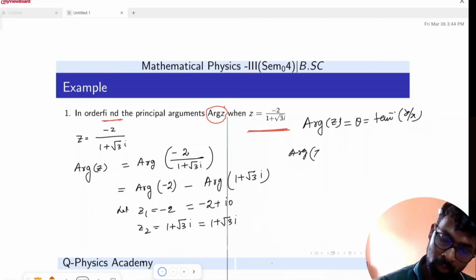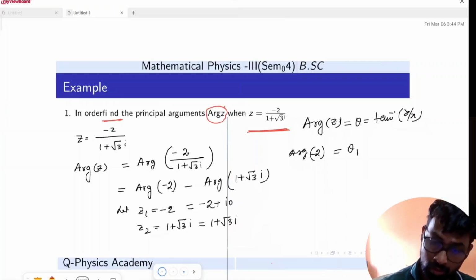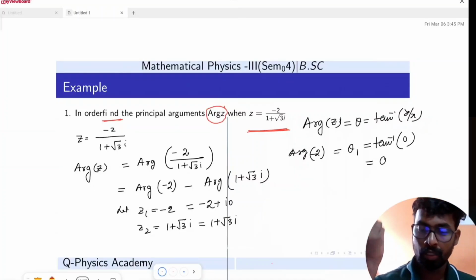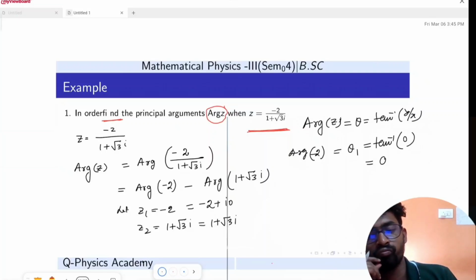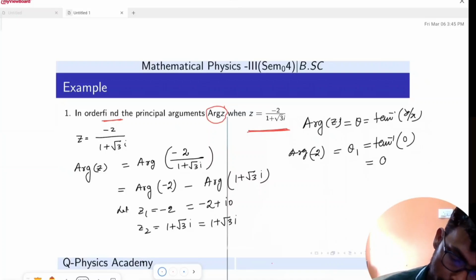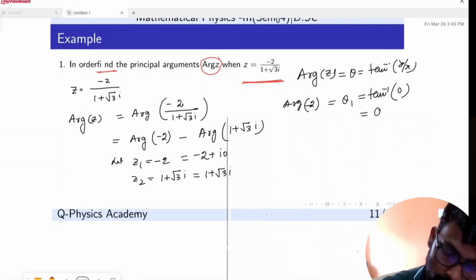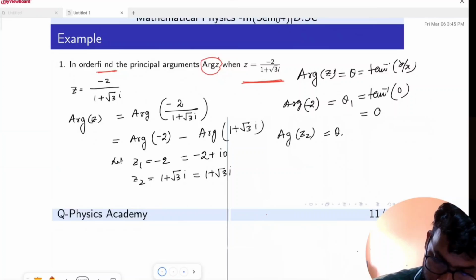So for minus 2, theta 1 is tan inverse of y, that is 0. Again for z2, theta 2 is nothing but tan inverse of root 3 by 1.